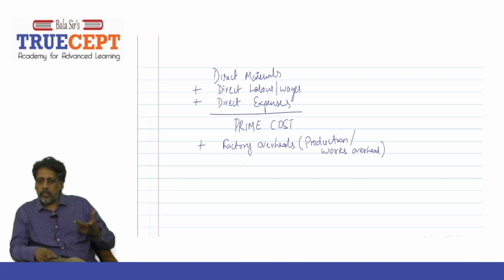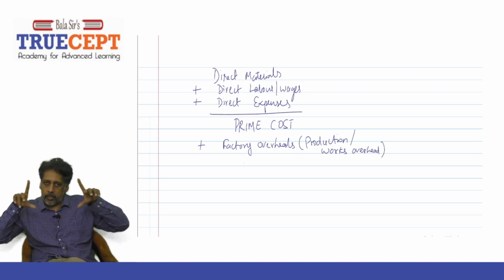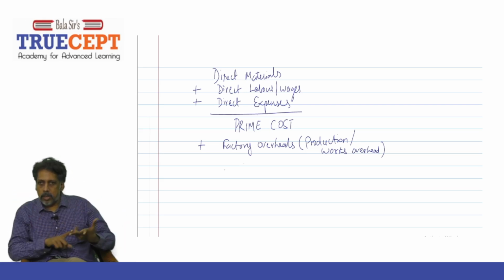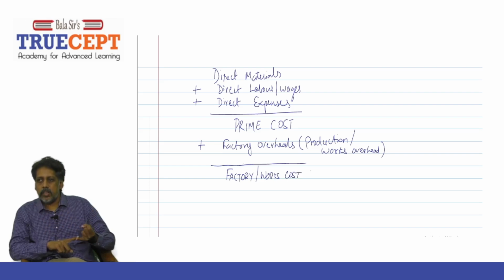These overheads are also known as indirect manufacturing cost. Your prime cost plus your factory overheads gives you the factory cost, also known as works cost. I repeat, prime cost plus factory overheads equals works cost or factory cost. Is that fine? Yes, sir.